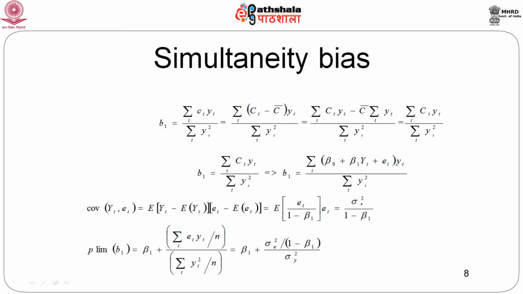Now, if you take the probability limit of that OLS estimator, you can find that the estimator will not be equal to the true parameters of the model, and hence you are getting inconsistent estimates of the structural parameters. Such inconsistency will arise even if you extend your sample size to infinity.